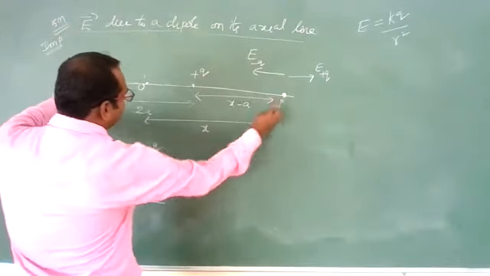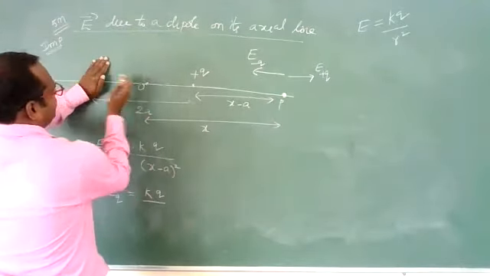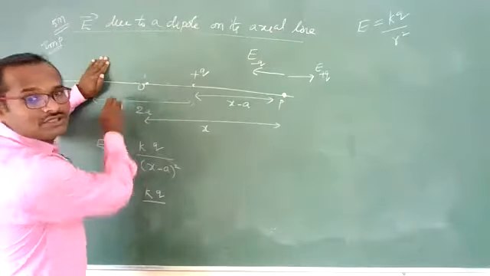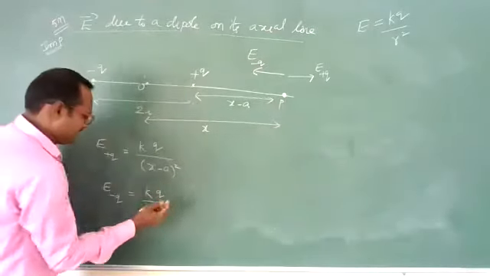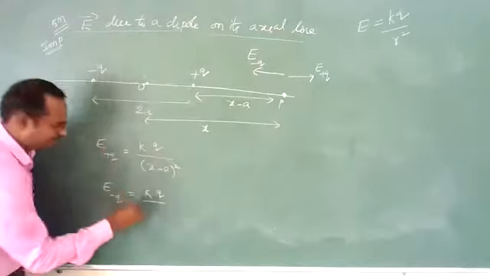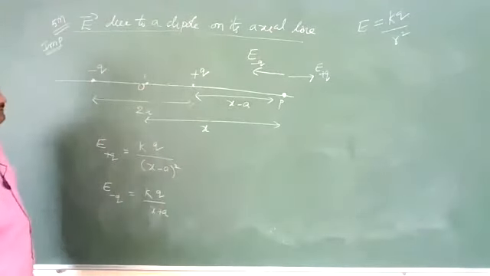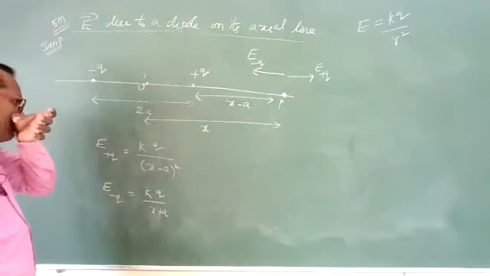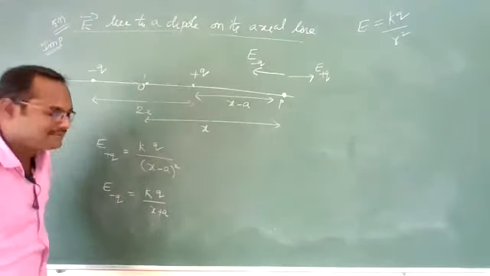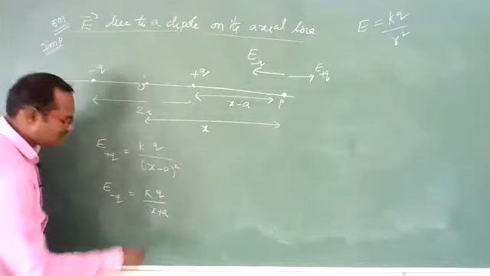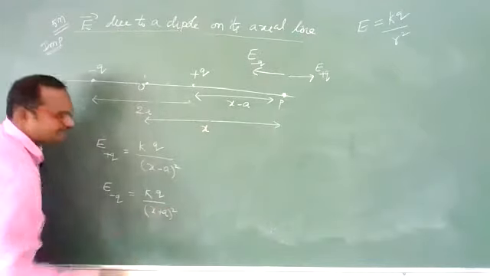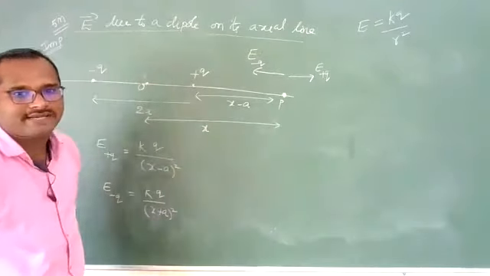From here to here, x distance, and from here to here, a distance. Total x plus a. Clear, students? Yes. KQ by (x plus a) whole square, because it is KQ by R square, no?